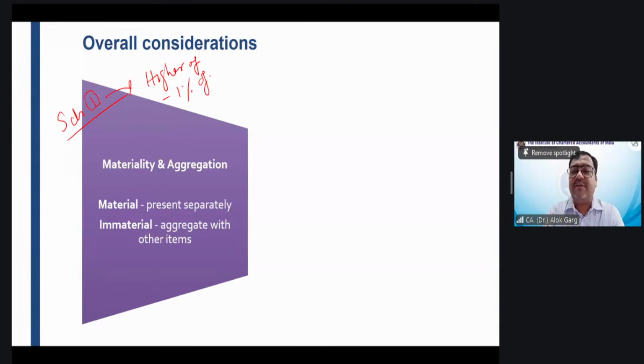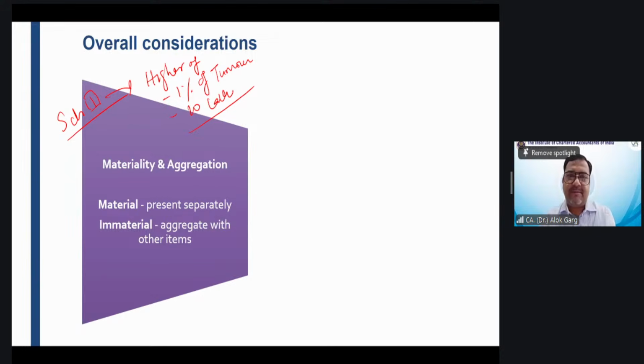Higher of 1% of what? 1% of revenue, turnover, 1% of total income, right? Or 10 lakh. Very good. Very good, Swanlata. 1% of revenue or 10 lakh, whichever is higher.